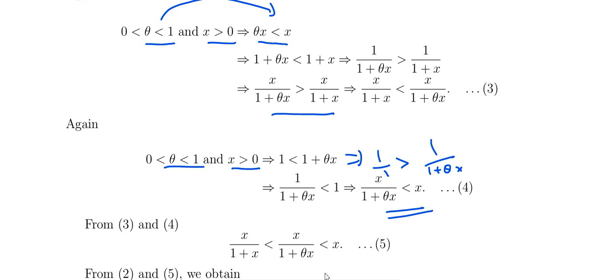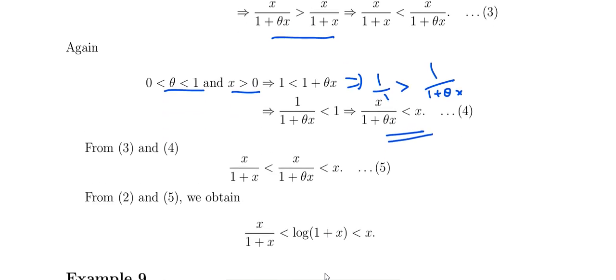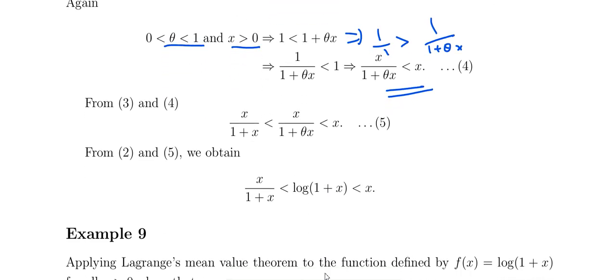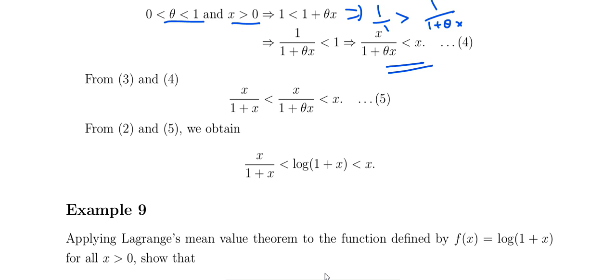So therefore, what is the conclusion? Log of 1 plus x lies between x by 1 plus x and x. That is the application of the Lagrange mean value theorem.